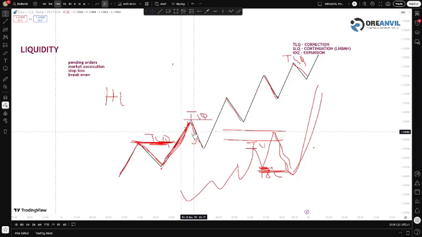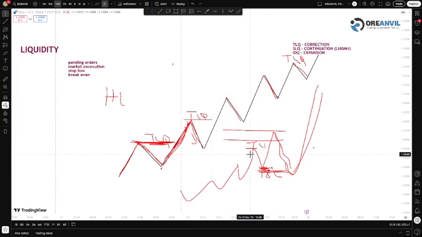Okay, so now if you notice when we did internal and external structure, almost all the time price takes inducement, it gives a longer push. It always gives a longer push whenever price takes inducement. So when price takes inducement, it tends to expand more than the structural push.